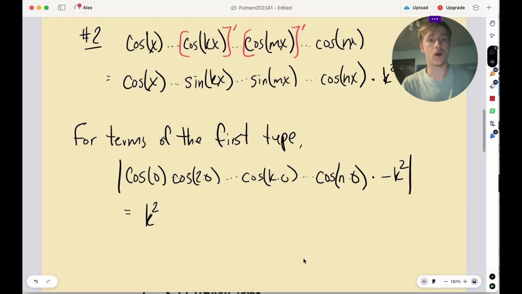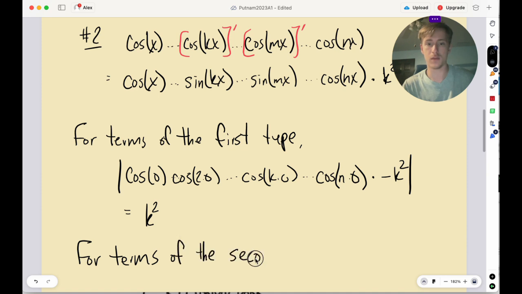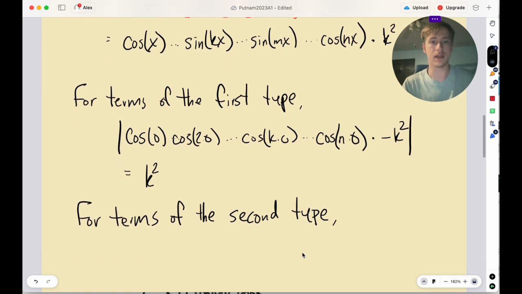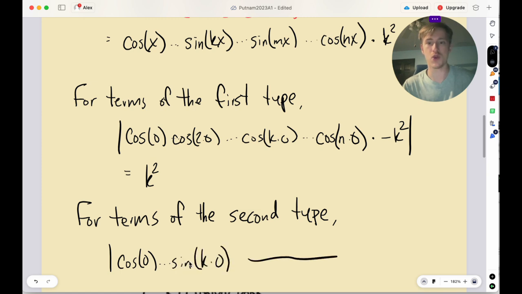Okay? Now, for terms of the second type, you can already probably guess what's going to happen, but I'll just show you anyway. What you have is cosine of 0, sine of k times 0, and then who cares?